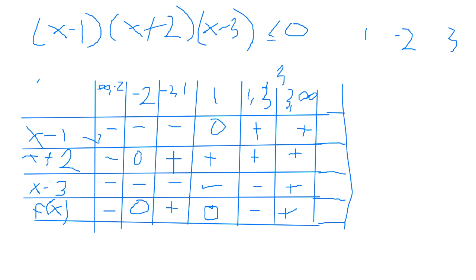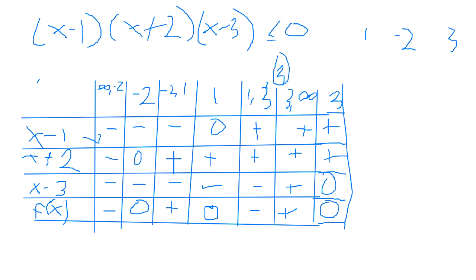So when we put 3 in x minus 1, what do we get? Positive. And in x plus 2? Positive. And in x minus 3? 0. So the whole product goes to 0. But please know that 3 will always be this side.